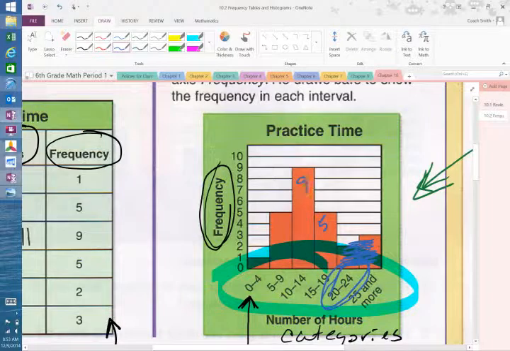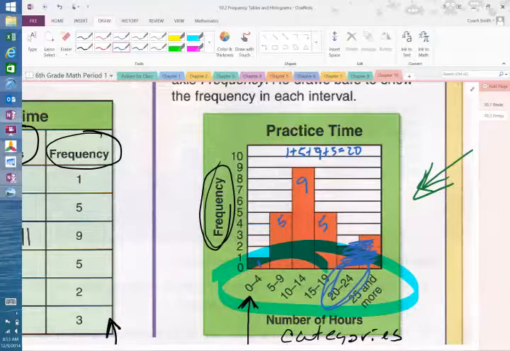How many in this one? 5. And how many in the last one? 1. So if I take 1 plus 5 plus 9 plus 5, that gives me 20. So 20 people practice less than 20 hours. That would be your answer to number 1. You see how I did that, right?